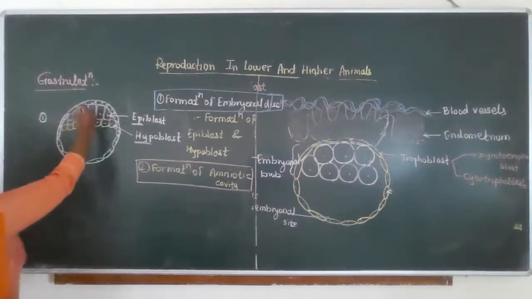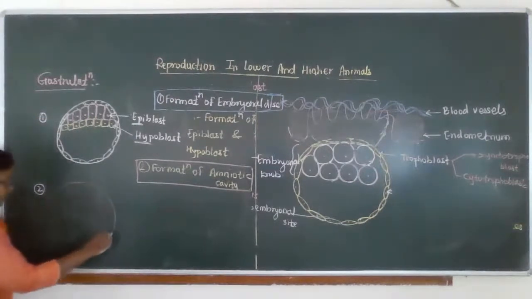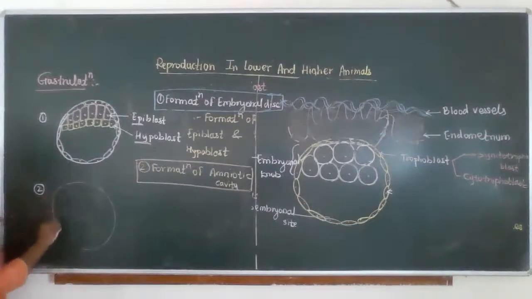So these cells get pulled downward, and they move downward to form a cavity, and this cavity is called the amniotic cavity. Okay. The downward pull happens.